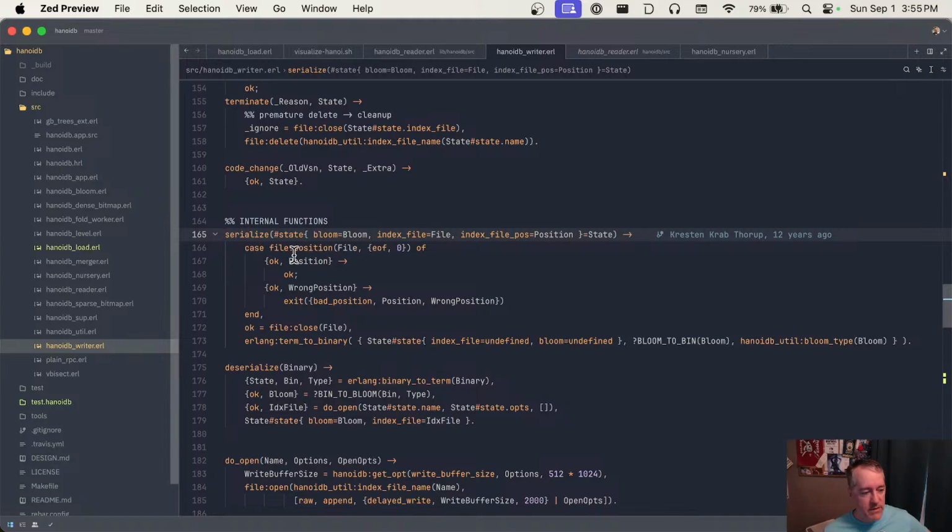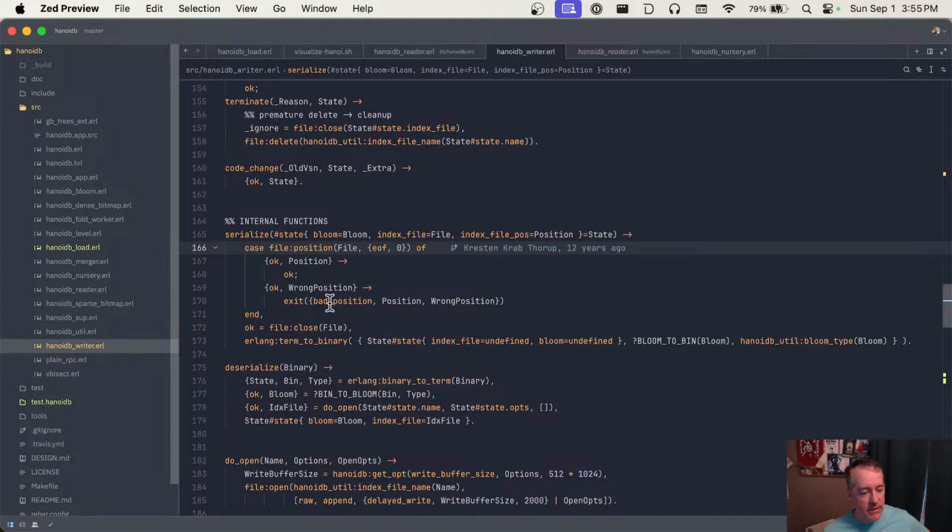Okay, so I'm guessing this is just EVF. This is an interesting function. Okay, so this is just saying, what is my position in the file, if it equals this position? I don't know what this flag does. I'll have to look it up.